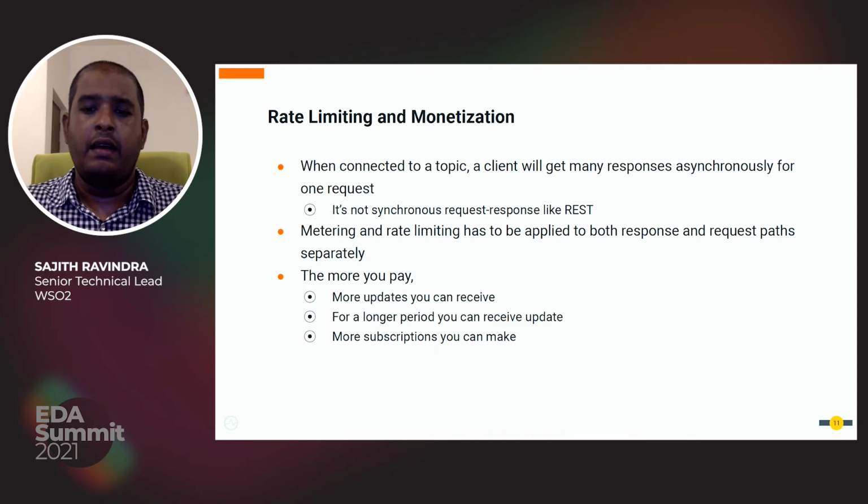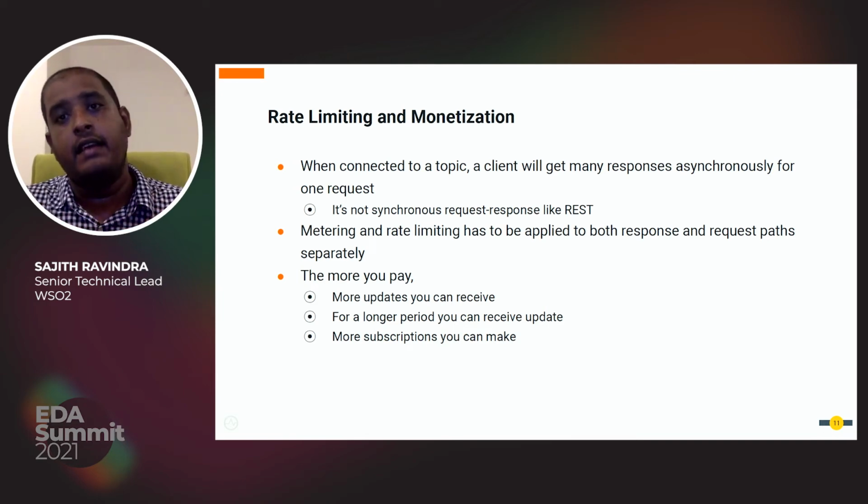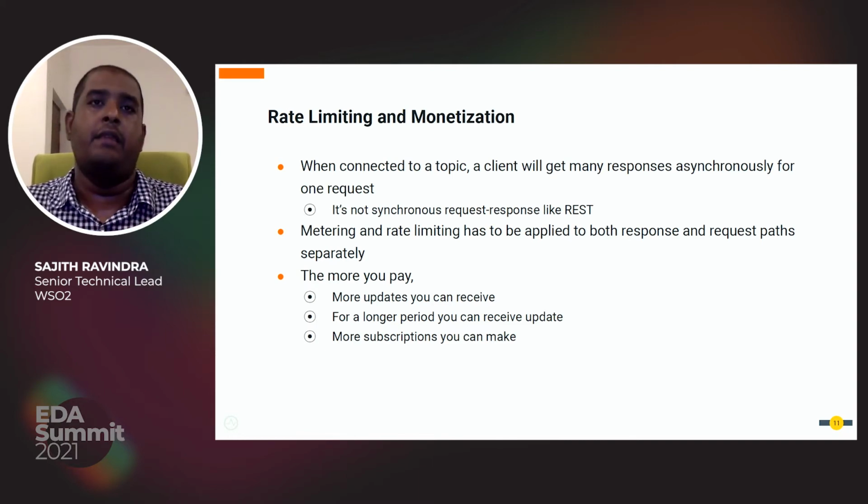Another way that you can develop business plans for streaming APIs is based on the number of subscriptions or the number of persistent connections that you can make simultaneously. This is one of the key resource factors. For example, let's say the gateway that is hosting your streaming API is allowed to maintain 100 persistent connections at a given time.